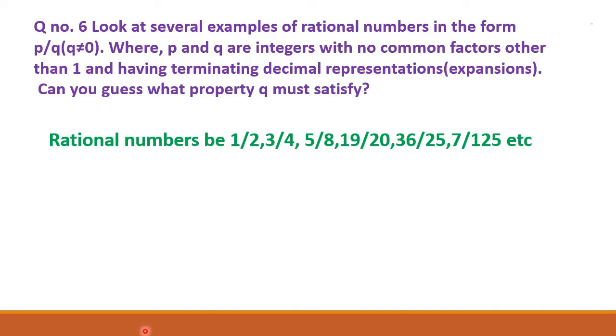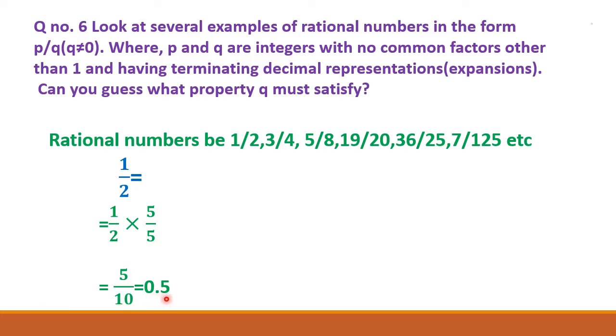First we will take 1 by 2. Here the denominator is 2. Now to get the number 10 we have to multiply by 5, which is a natural number, and we get 1 by 2 into 5 by 5 is equal to 5 by 10 is equal to 0.5, and we get a terminating decimal.